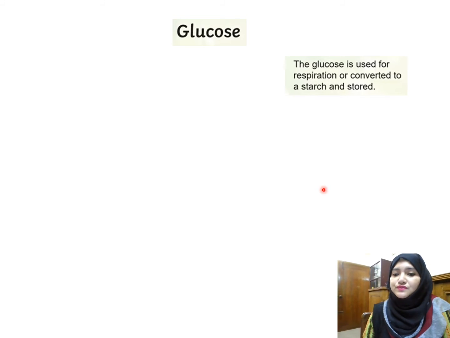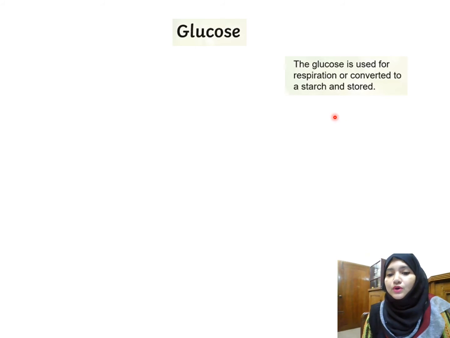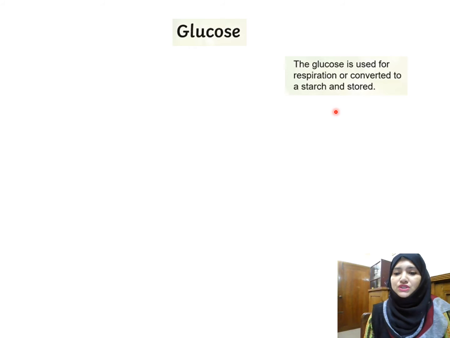Glucose is used for respiration or converted to starch and stored in animal and plant bodies. That means this glucose is the main source of our energy for all our physiological activities. This glucose supplies the energy which we use for all physiological activities.